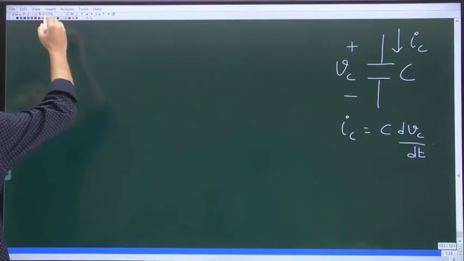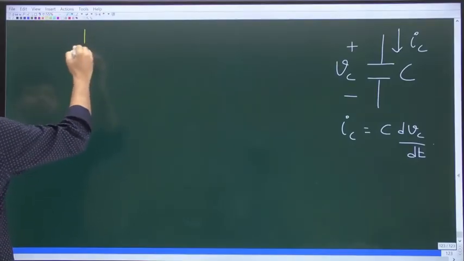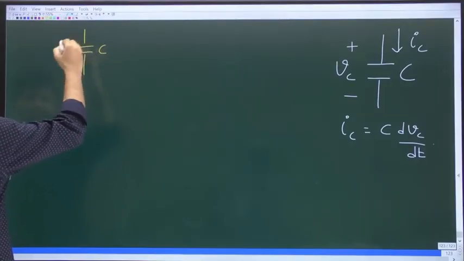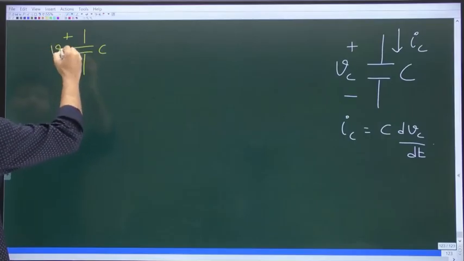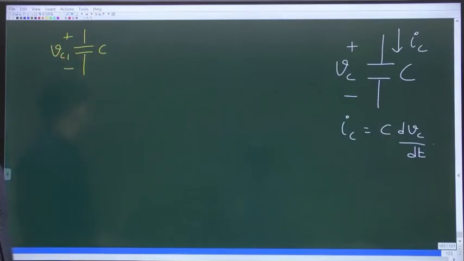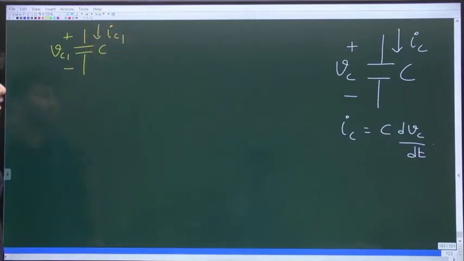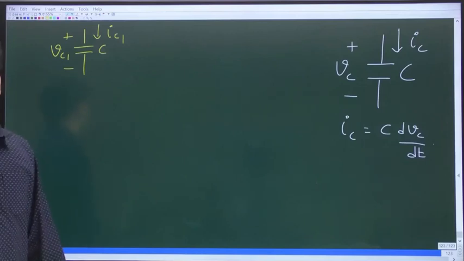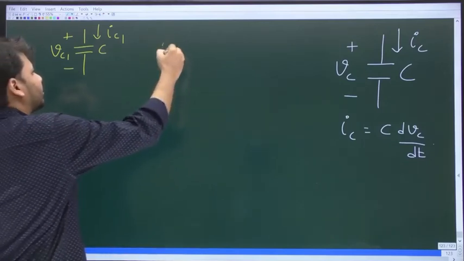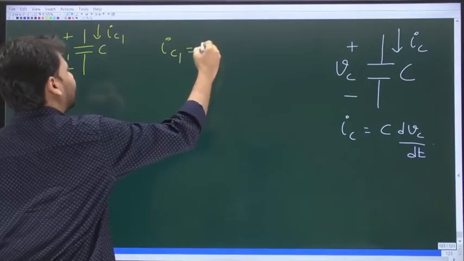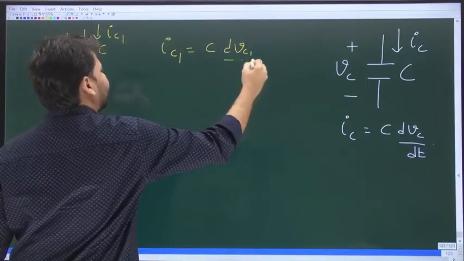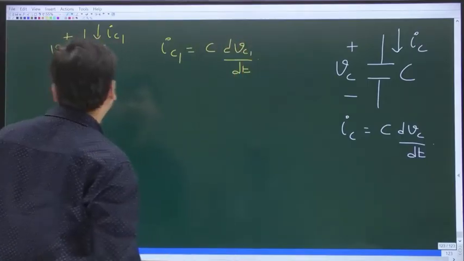Now let us say for the capacitor the applied voltage is Vc1, and let the resulting current in this case be some Ic1, and you know Ic1 will be equal to C times dVc1 by dt.